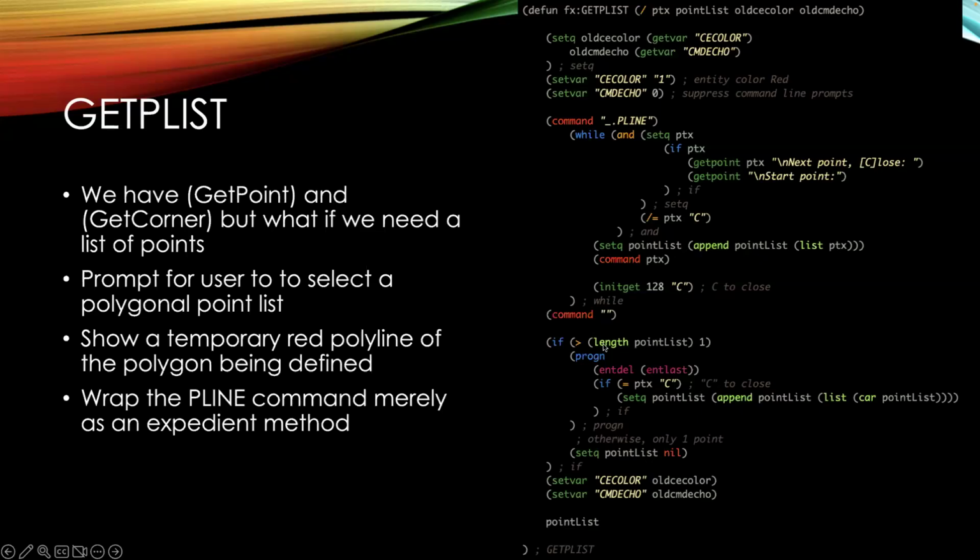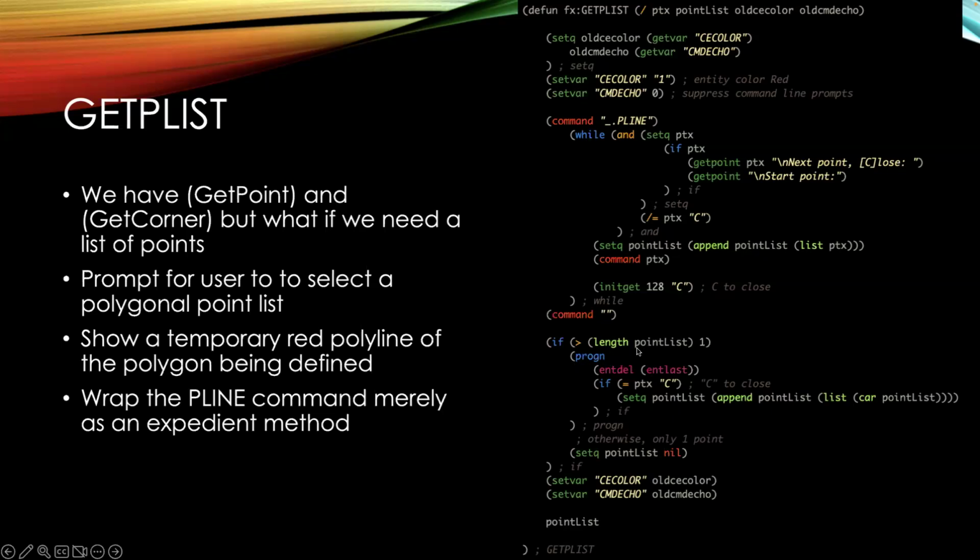Then there's a little bit of cleanup, which is basically making sure that they did click enough points. We just say as long as it's at least one. And then, of course, the important thing, we have to delete that polyline. That's the whole point. We got to pull that thing out of there. So we delete the polyline. If they did press C, I take the first point and tack it onto the end, quote unquote closing it by making the first point the last point as well.